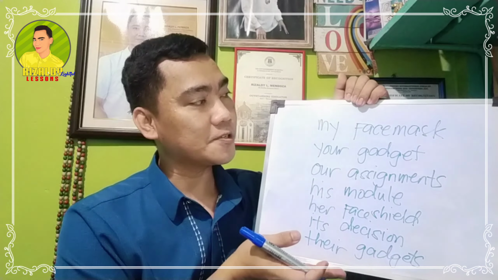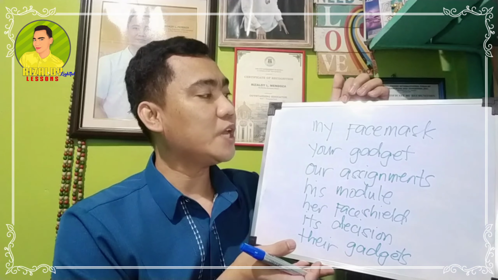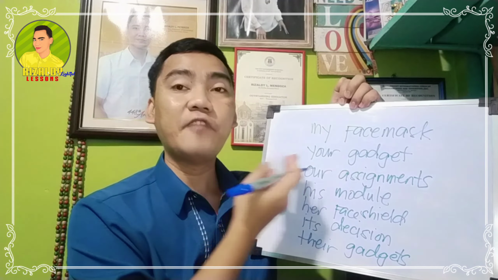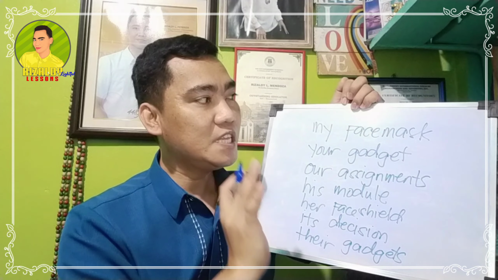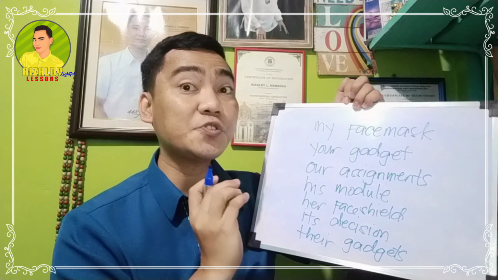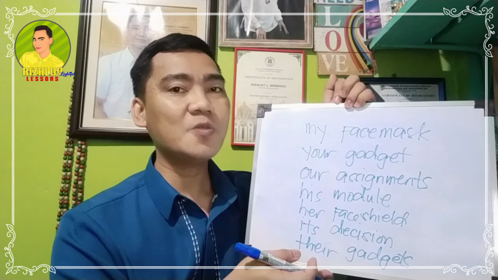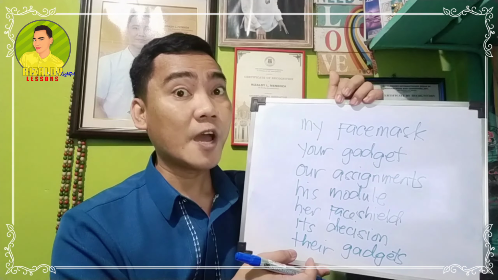Some examples. So let's try to read the following. My face mask, your gadget, our assignments, his module, her face shield, its decision, their gadgets. So if you can observe, we did not use apostrophe s to show ownership or possession, right?